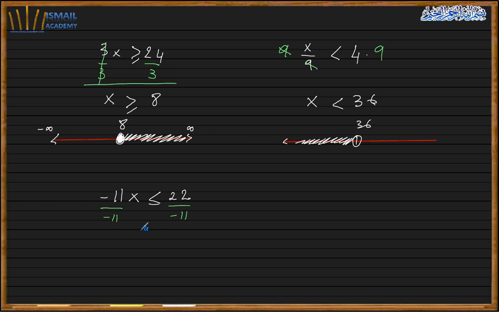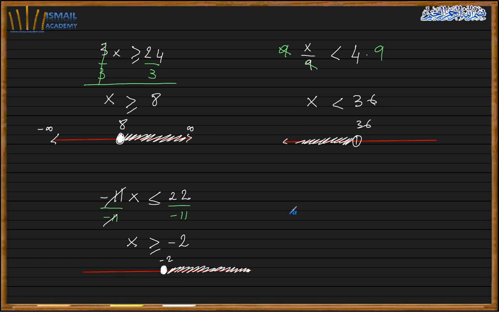When we divide by minus 11, what happens to the sign? It gets flipped. So here will cancel out, and here will be minus 2. So here in my number line, I have minus 2, because it's equal, x is greater, that means it's the right side. So I'm going to shade the right side.